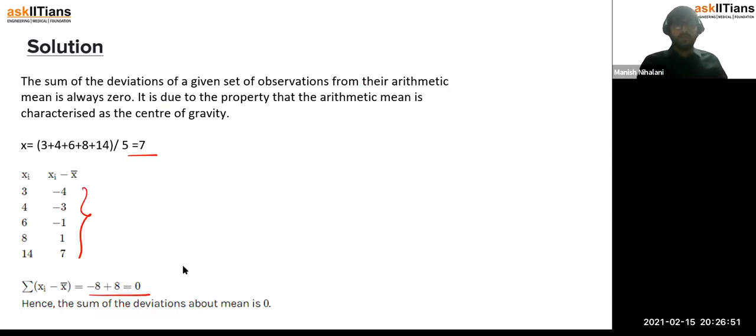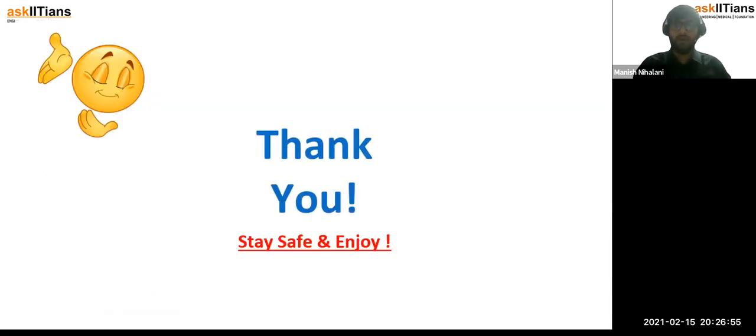I hope you all understood the concept of mean deviation, and also finding the mean in a continuous distribution. In the next class we will talk about how to calculate the median for grouped and ungrouped data, and the mode for grouped and ungrouped frequency distributions.